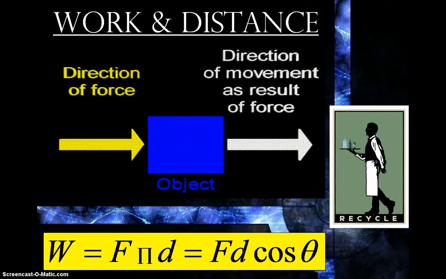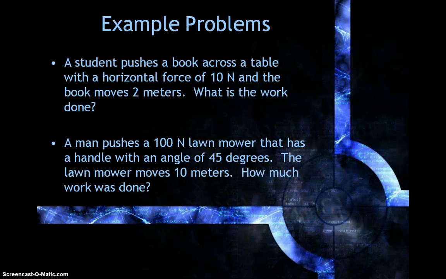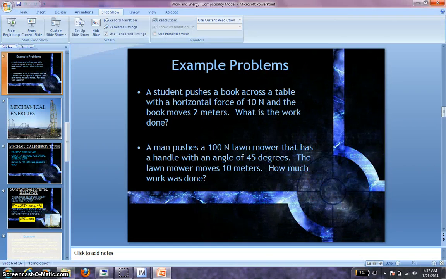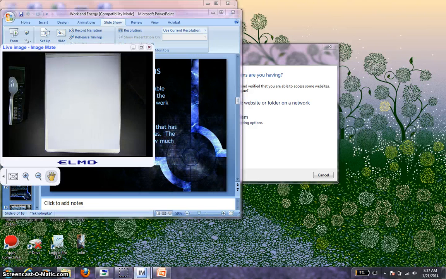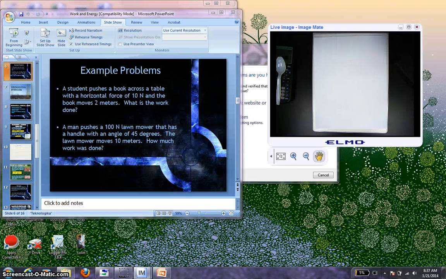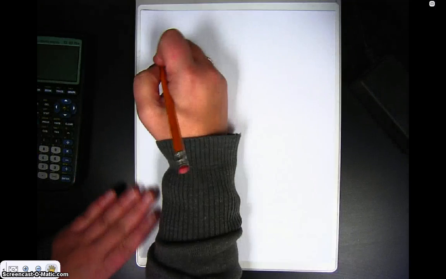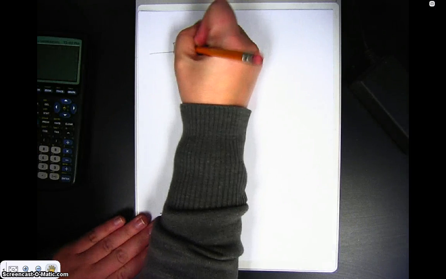Let's go ahead and do a couple of sample problems, and then we'll talk about the units. Let's say that we have a book on a table, and the book is 2 kilograms.